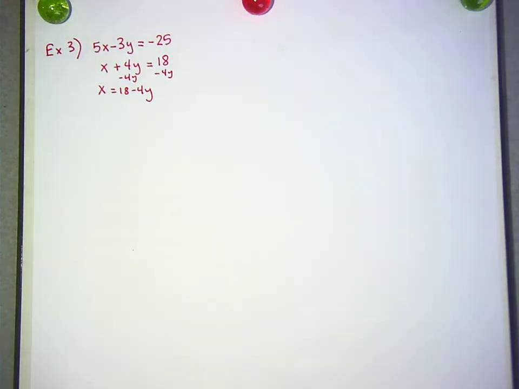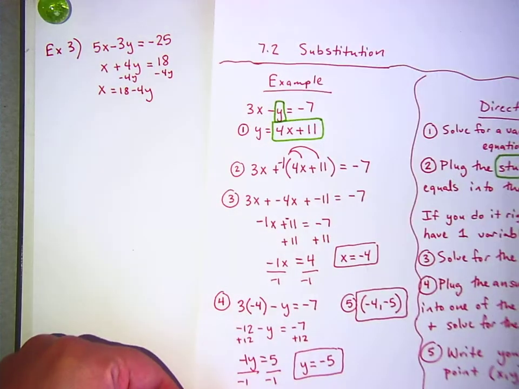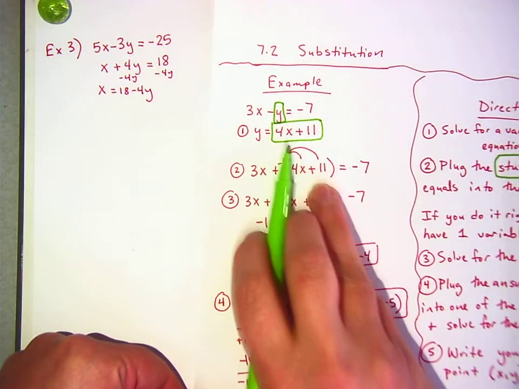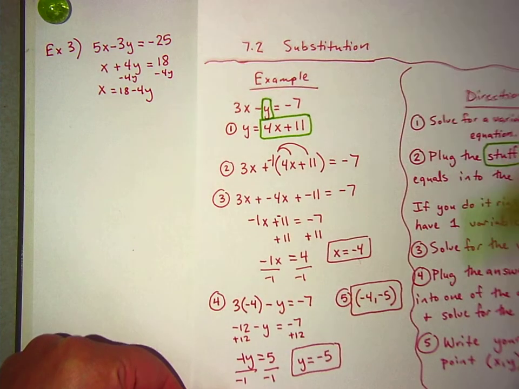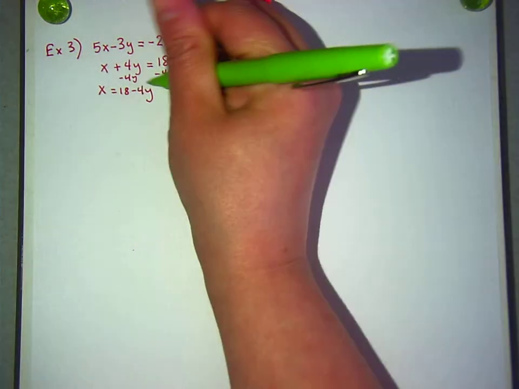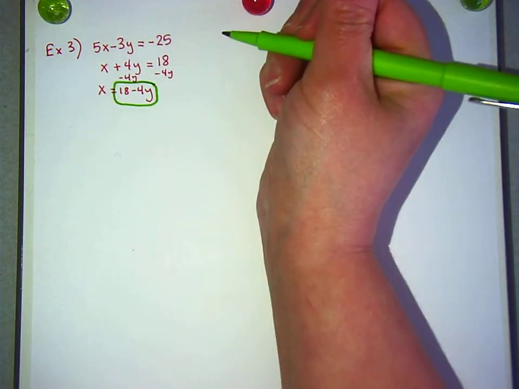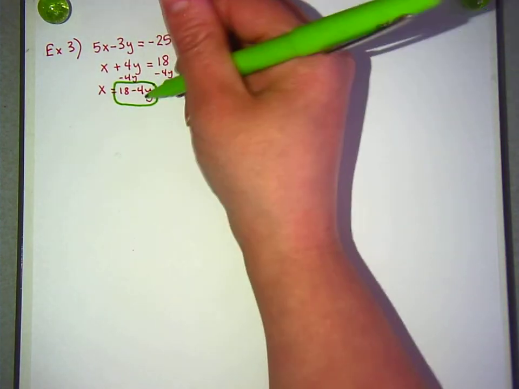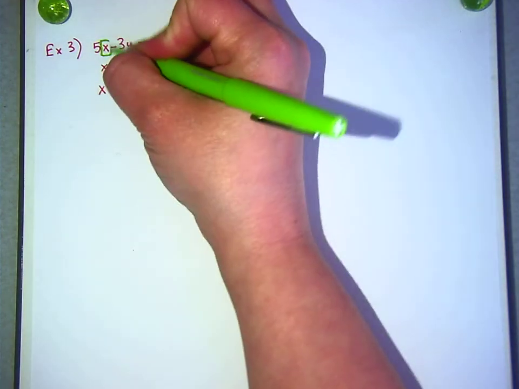That's like when we were doing the first example, you see how it was like y equals some stuff? Now it's x equals some stuff, so now we're ready to start. So we're going to put this junk where? For the x and where? The top equation, so we're going to put it right here.